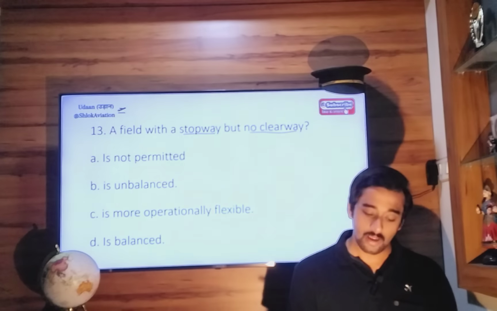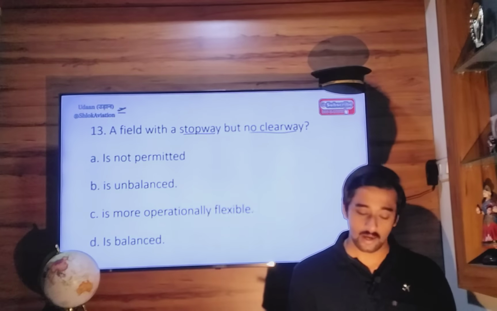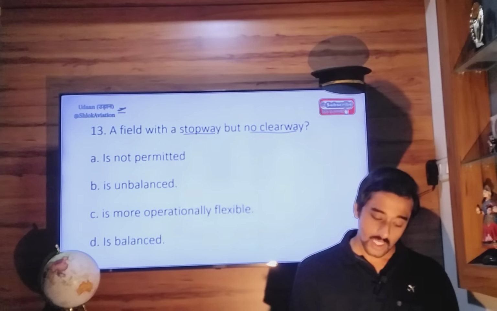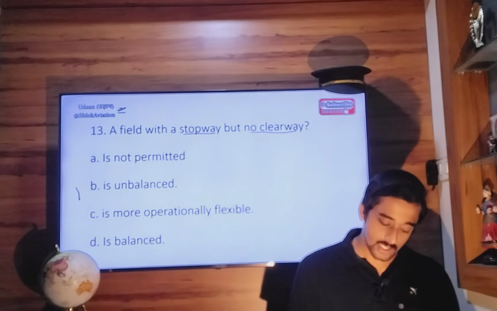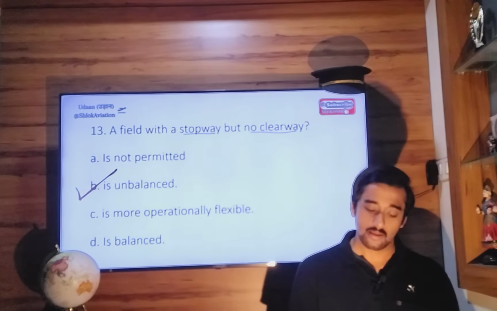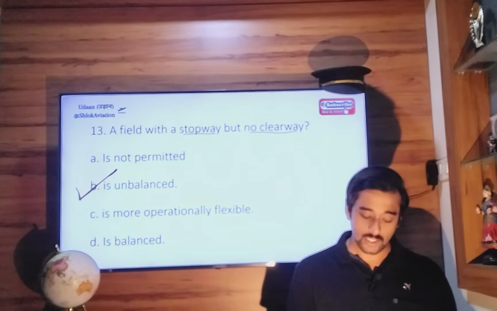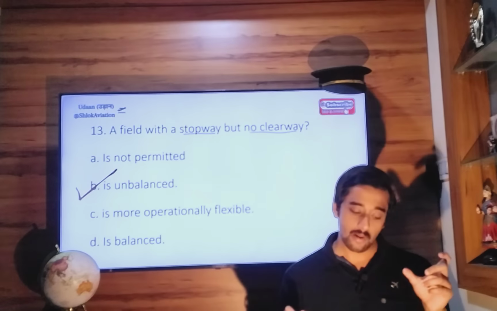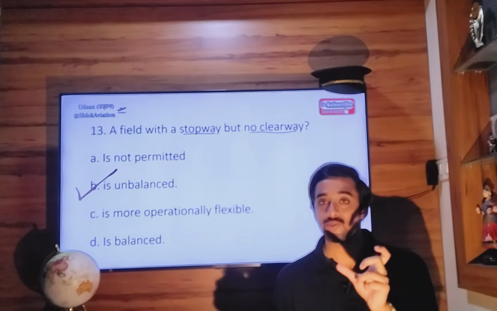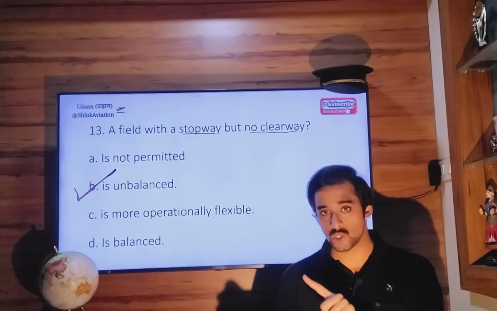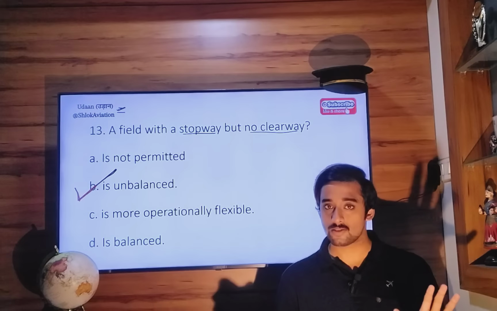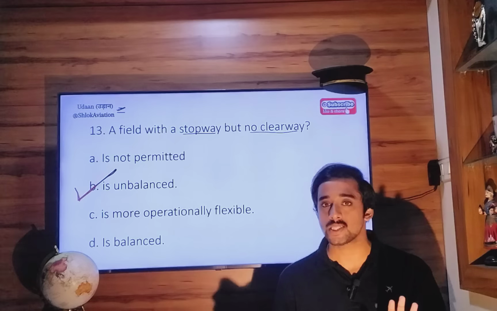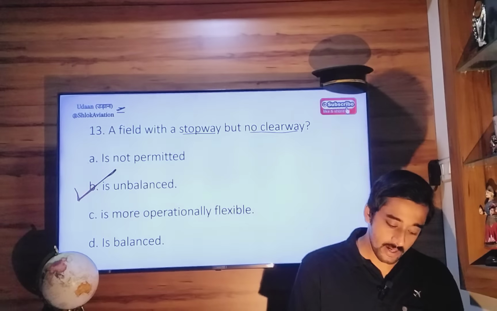So a field with a stopway but no clearway will be called unbalanced. Now, out of the four options given, option B is the most appropriate one. By definition, an unbalanced field is one where there is a clearway but no stopway. But look at the options, four options here. Option Bravo will be the safest one. Is it not permitted? There is no such case.